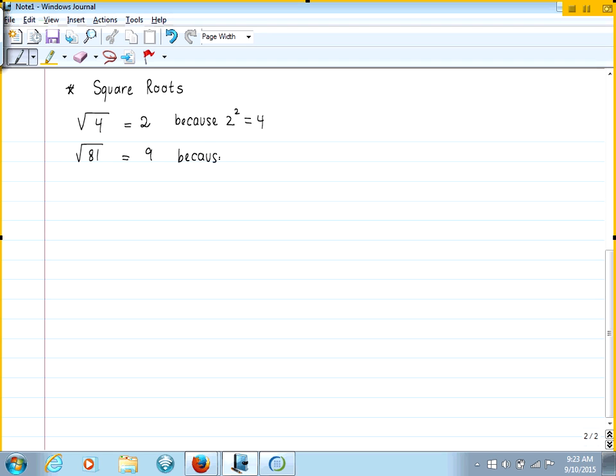Why? Because 9 squared is 81. So can you tell me other perfect squares? Square root of what? 49? 7. Square root of 25? 5. Square root of 36? 6, etc. Yeah? Okay, so you remember square root of a perfect square.